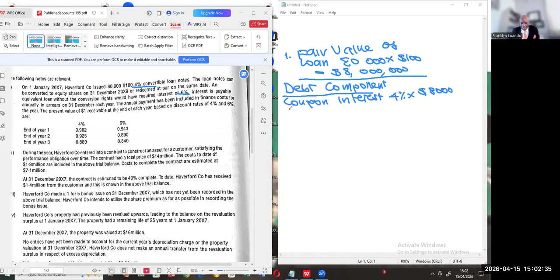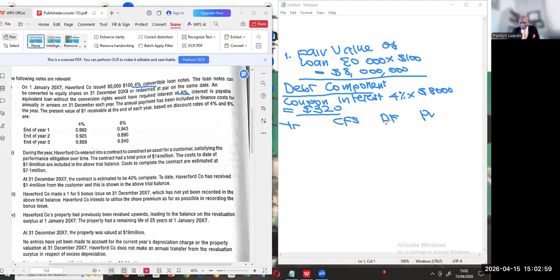So this will give us 320. So now the debt component, you discount the cash flows, discount factor, present value.